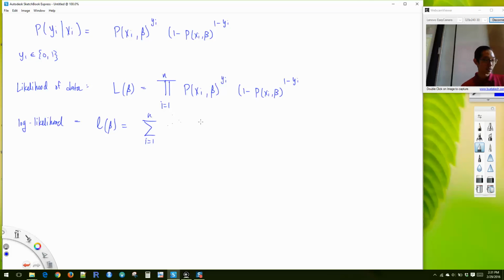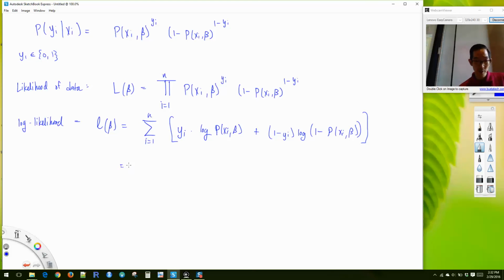Now we have y i times the log of p x i beta plus 1 minus y sub i times the log of 1 minus p x i beta, and then we add all of this up.